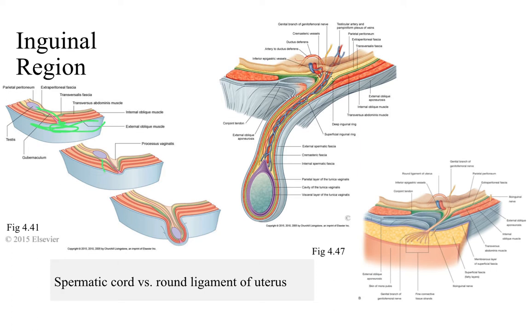And as there begins to form an outpocketing, notice that the abdominal wall muscles are going with this outpocketing that's going to eventually become the scrotum. The gubernaculum is pulling the testes as that outpouching is forming.